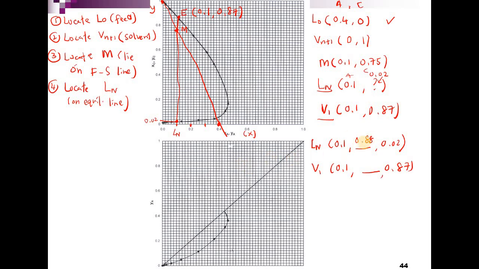And for V1, 1 minus 0.1 minus 0.87, you will get 0.03 here. So this is the answer for the composition of raffinate and extract.